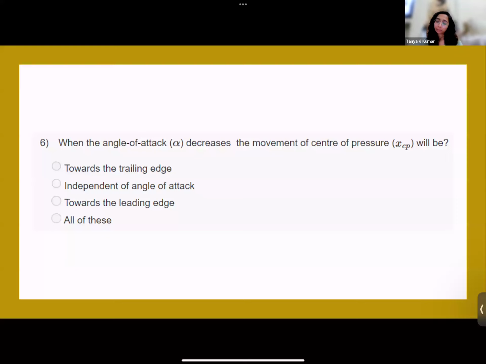Okay. Can you explain why towards trailing edge? Trailing edge is the right answer. Can you explain why?